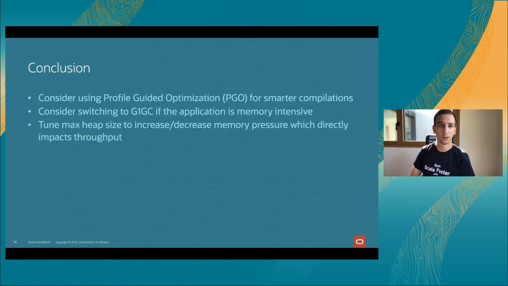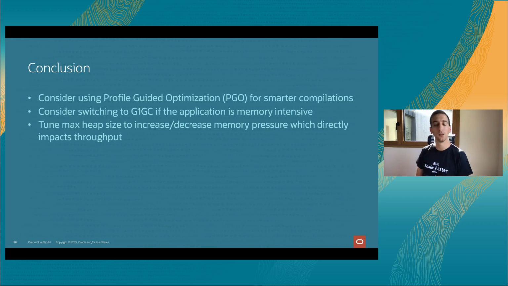Okay, that covers all the aspects of this talk. So as a conclusion, consider using profile-guided optimization to let the compiler do smarter compilations. Consider switching to G1GC if your application is memory intensive.